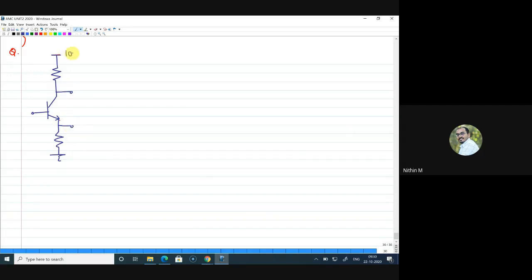So this is given as 10 volts. This is 4.7 kilo ohms. This is 3.3 kilo ohms. This is connected to 4 volts, and I'll mark the unknowns in red so that it will be easy for you.